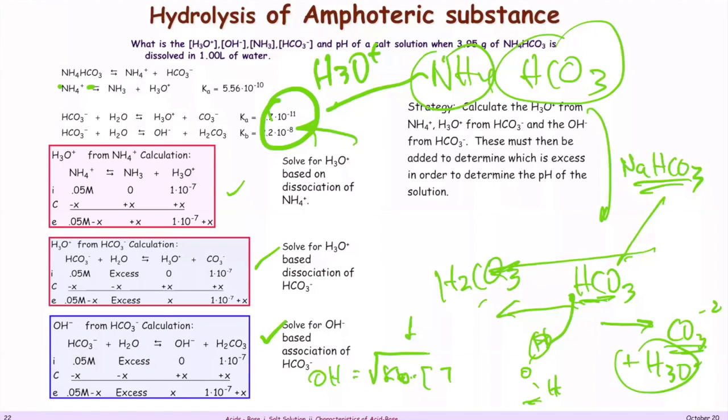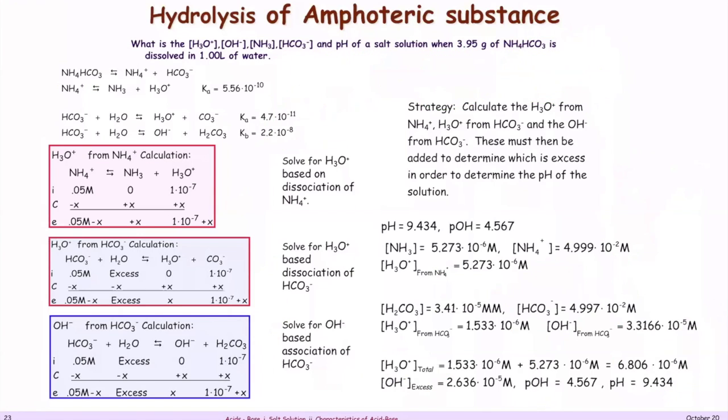The ICE table is the basic fundamentals that you are using. The shortcut is just the result from the ICE table. Okay. So anyway, this particular solution is actually basic, and you can follow along in that calculation shown here.